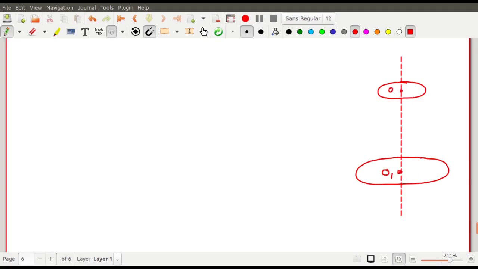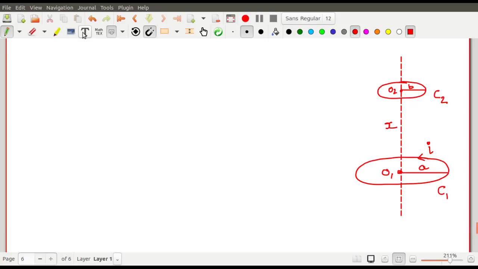Center of this one is O2. This one I take to be of radius A, and this one of radius B. Here the current flowing is I. This coil I name C1 and this coil I name C2. These are the two coils, and the current flowing through one of them is I, and x is the intermediate distance between these two coils, right?